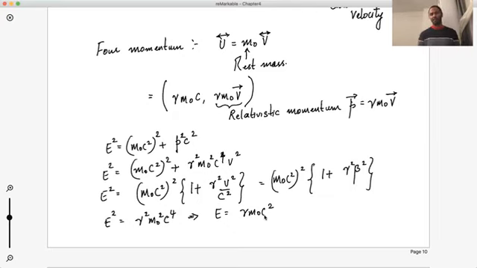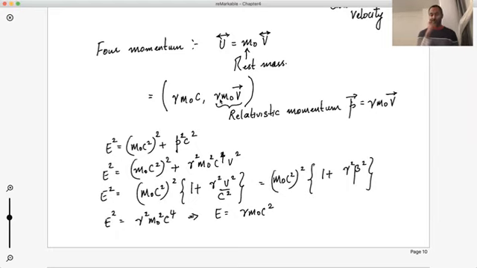That the energy of a relativistic particle is gamma times the rest mass times c square. So gamma times m is the effective mass. And so what you have here is just energy divided by c, right? So the 4 momentum is energy divided by c as the time-like quantity, and the 3 space-like quantities are just the relativistic momentum.